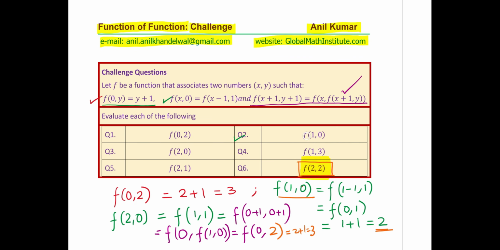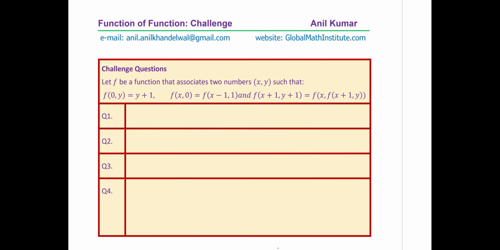F of 0, 2 and f of 1, 0. Correct. So f of 0, 2 directly we read from the very first equation. And in this equation, we know it is y plus 1. So it is 2 plus 1, which is equal to 3.